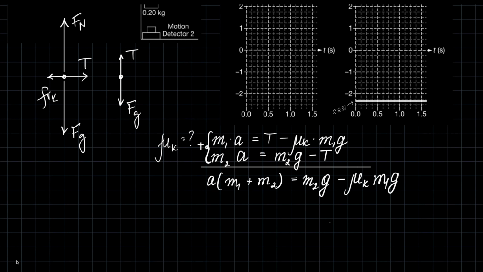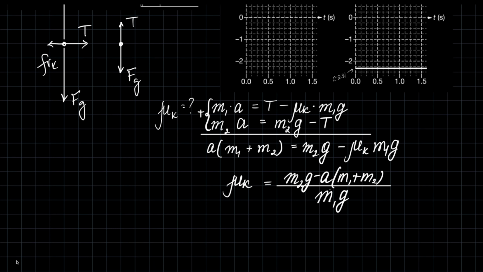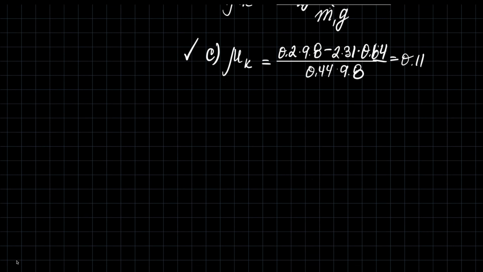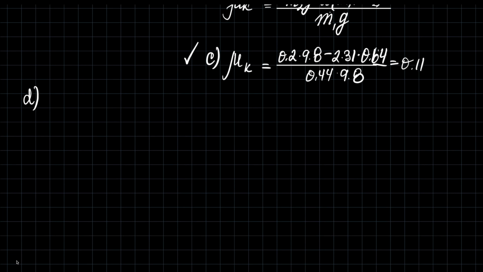Rearranging, mu k is going to be (m2g minus a times (m1 plus m2)) divided by m1g. And then let's plug in our numbers. I got 0.11.